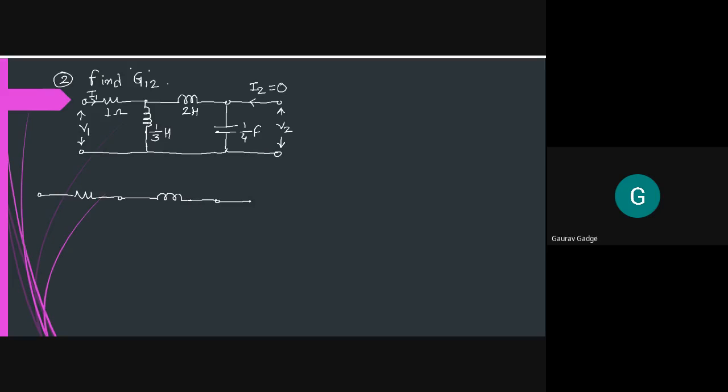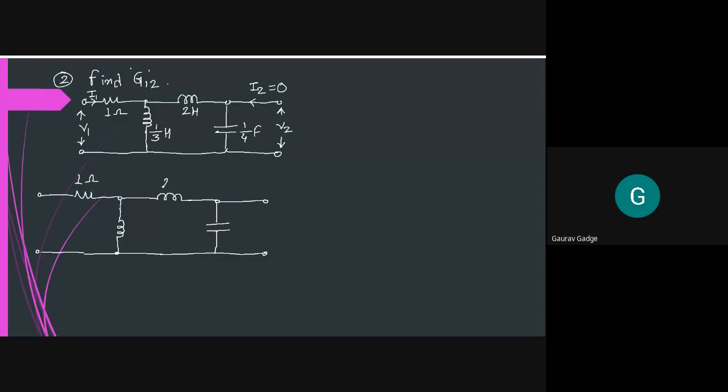Then node and 2 port network, second port. Then in between you have again inductor.